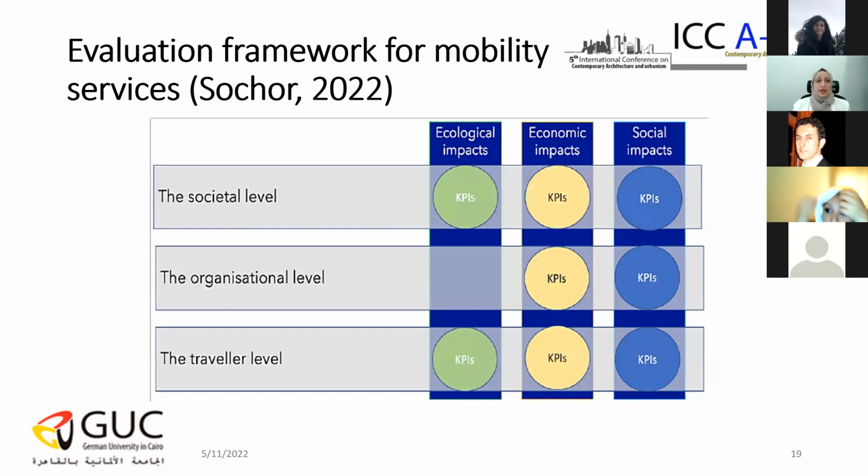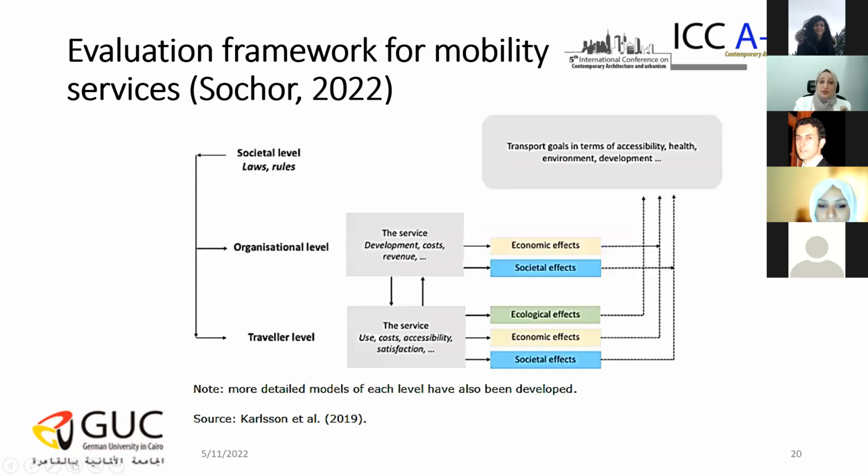She divided the mobility service into 3 main levels: the traveler level, the organizational level, and the societal level. So my concern now is the traveler level.